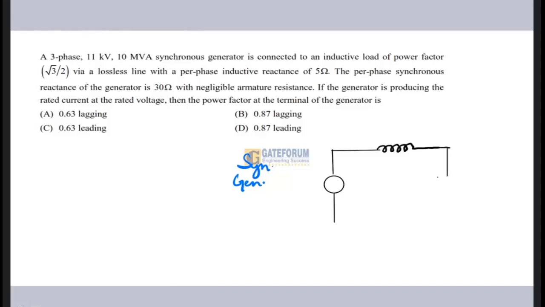And this is my terminal voltage or the load voltage. Here I'll connect the load. Now here it is given as E angle plus delta because it is a generator. Otherwise, if it is a motor, I'll denote it as E angle minus delta. And these are the terminals of the generator.